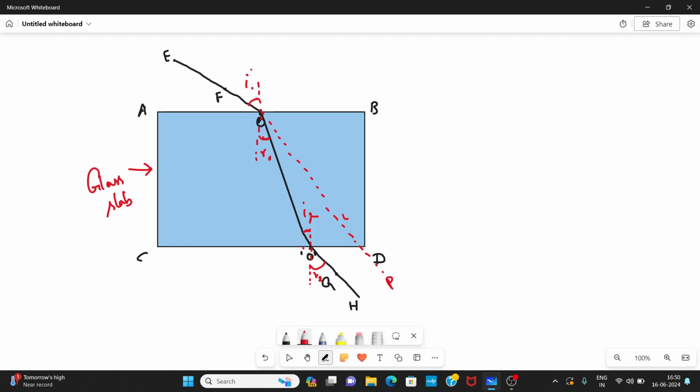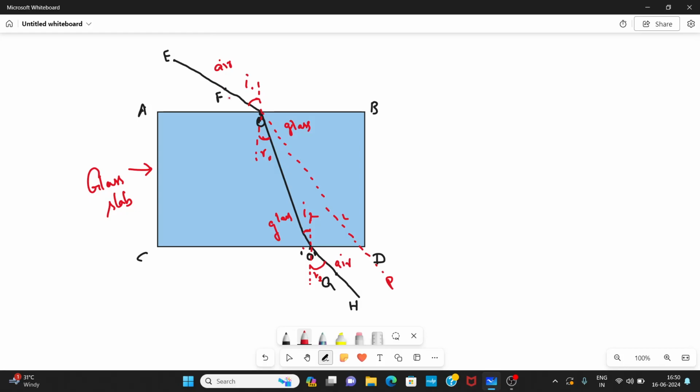Because the light EF is traveling here in air, and once it hits the surface AB, it is traveling through the medium glass. Again at this surface CD, the light is traveling through glass, and at the point O dash it is again traveling into air.